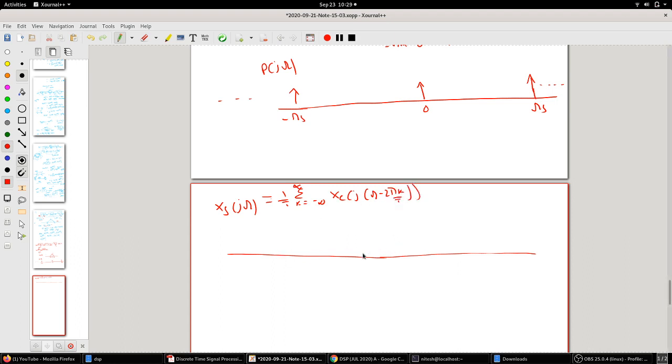So what will happen is, this will be plus omega m, minus omega m, this is 0, and it will repeat every omega s. This is omega s minus omega m, omega s plus omega m, and it will repeat, 2 omega s minus omega m, and so on. So it will keep on going like this, to minus omega s. Okay, so this is what you will have.